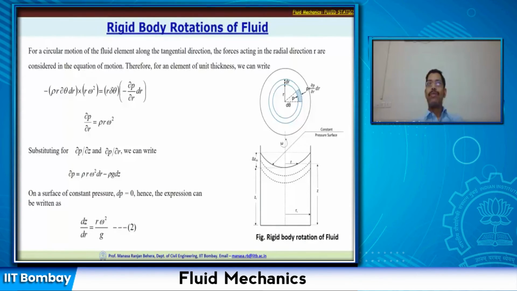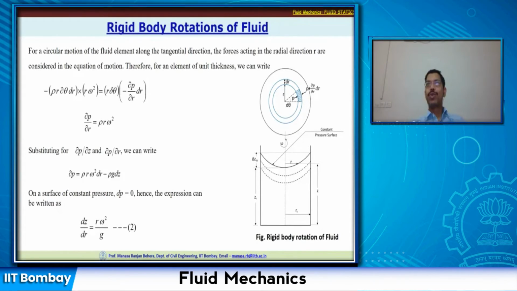Now if we balance the forces, what is the net pressure acting? The net pressure acting on this surface is ∂P/∂R into dr, and that is acting towards the center.